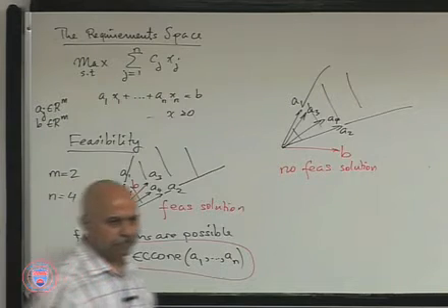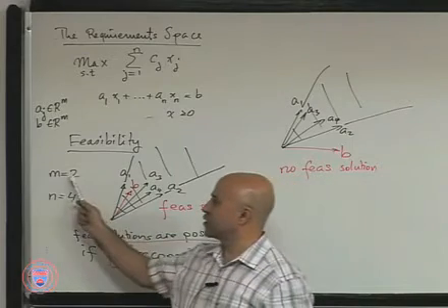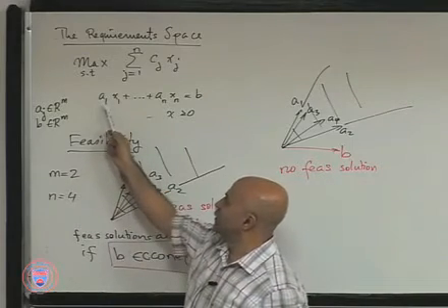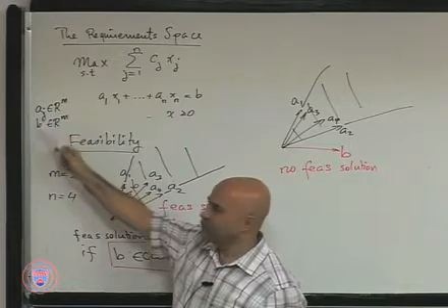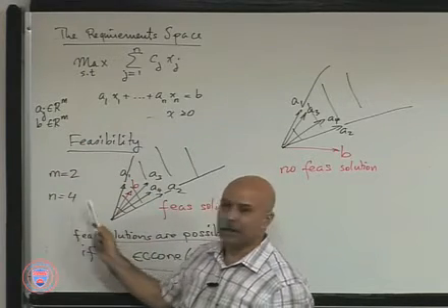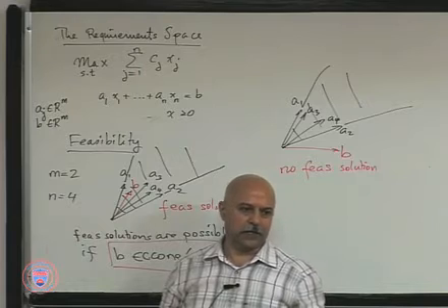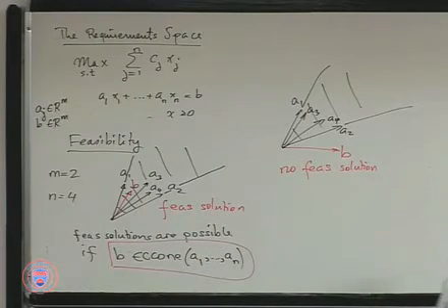Okay? M is the number of constraints or the dimension of the columns AJ as well as B. N is the number of variables, x1 through x4 in this example. Okay? Any other questions? Okay.